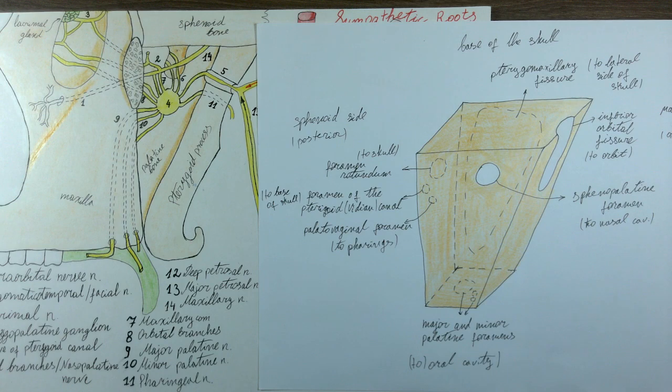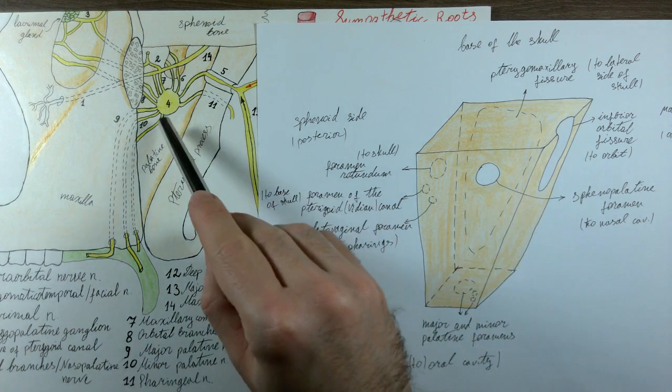This is the lateral wall, which is just a large opening that links the pterygopalatine fossa to the infratemporal fossa. And in this small crevice, you have the pterygopalatine ganglion here, as we discussed.